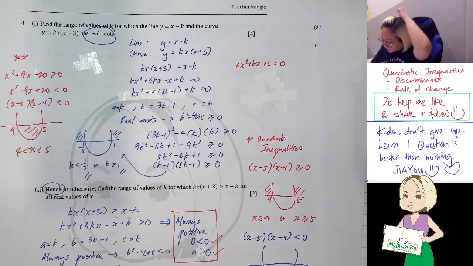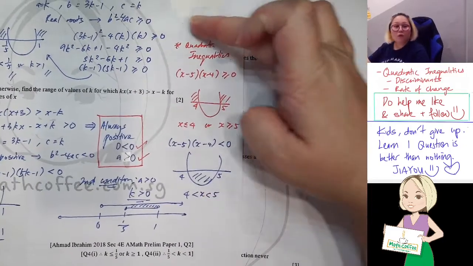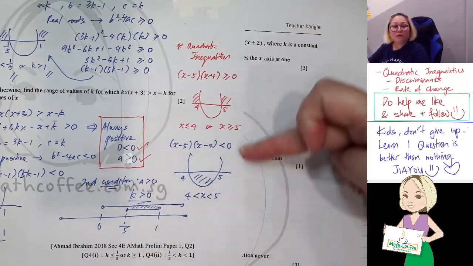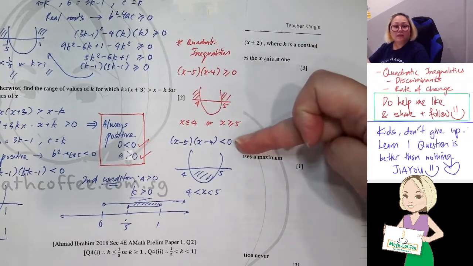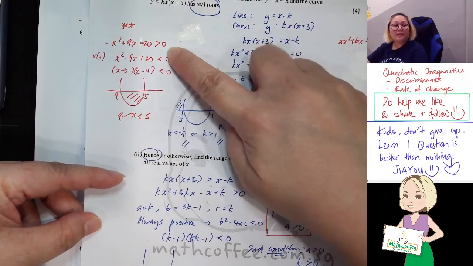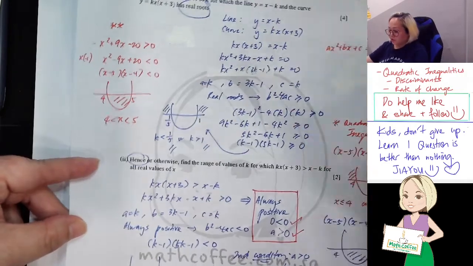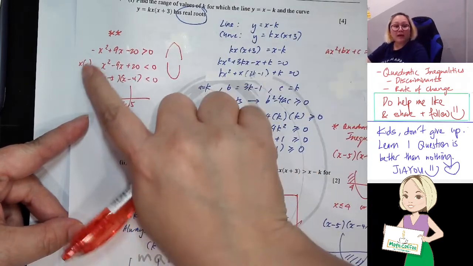Let me screenshot, please. Which part? Okay, this one, quadratic inequality. More than 0, shade corner. Less than 0, shade in between. Okay? If it's a sad face, change it to happy face by multiplying by -1.